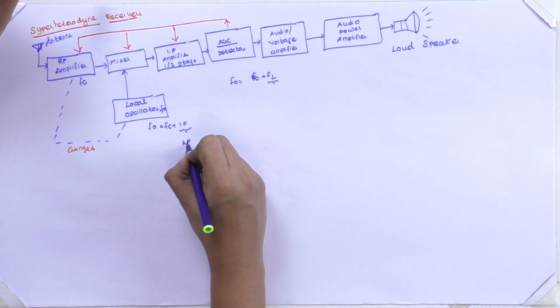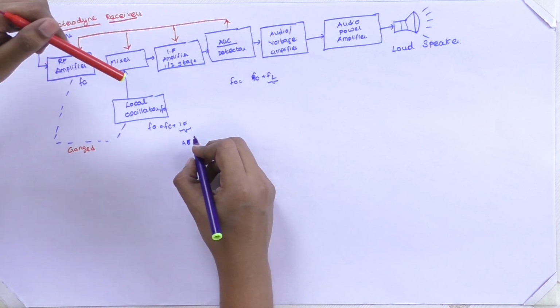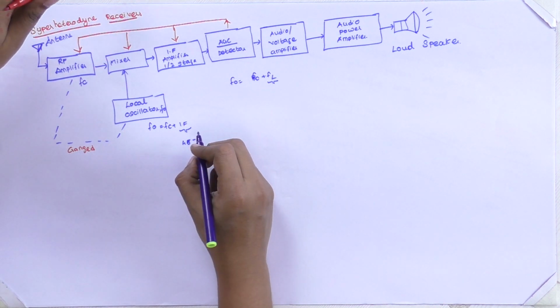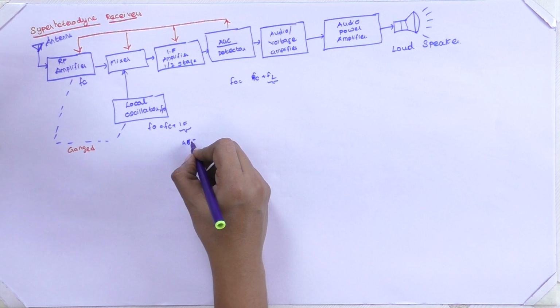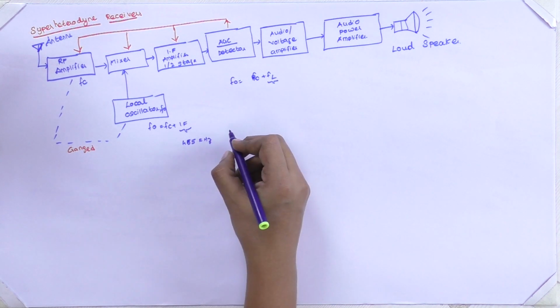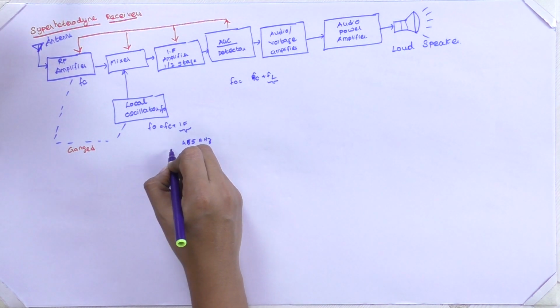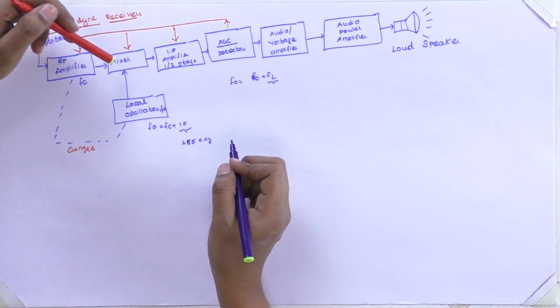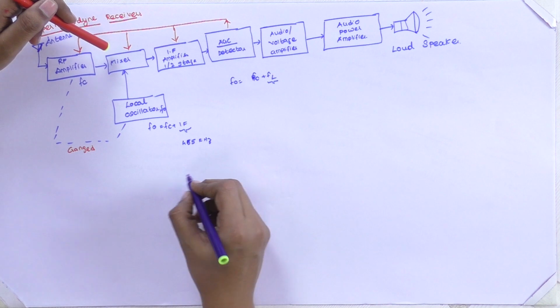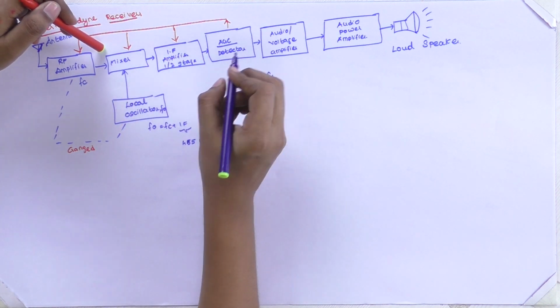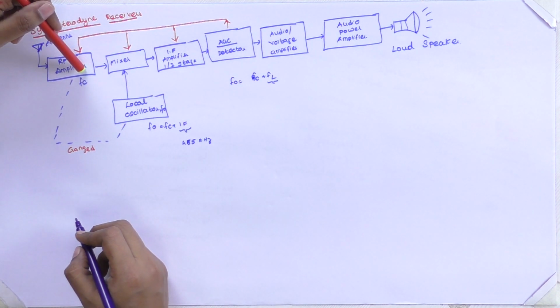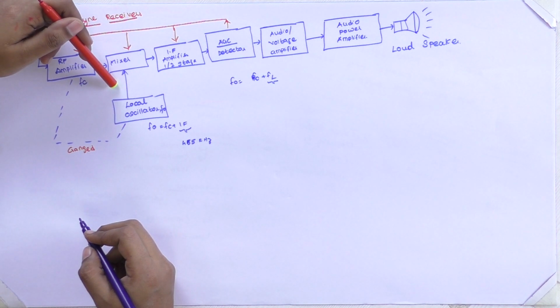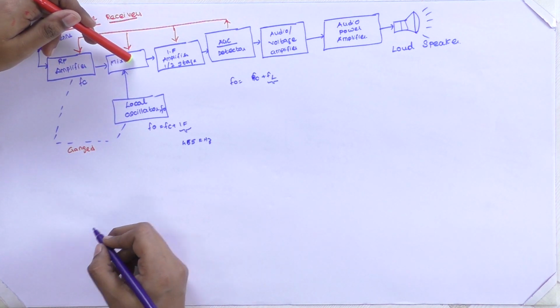Usually, an AM broadcasting receiver will have 455 kilohertz as the intermediate frequency. Therefore, whatever our incoming frequency may be, this 455 kilohertz will be added and then fed to the mixer. This is our incoming frequency and this is our local oscillator frequency, and they will be added together.